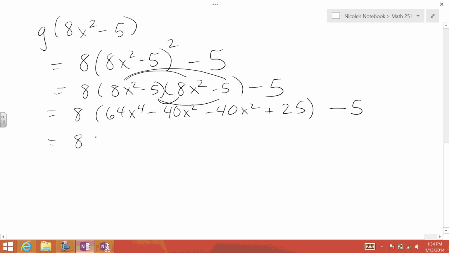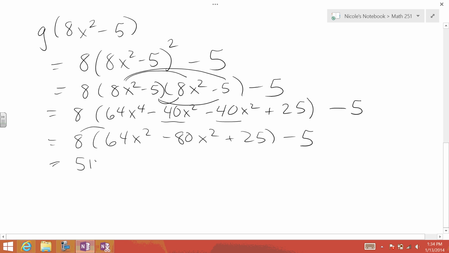Doing some simplifying. 8, 64x to the 4th minus, these are like terms, 80x squared plus 25, minus 5. And now let's distribute. 8 times 64 is 512x, oh, sorry, that's x to the 4th there.